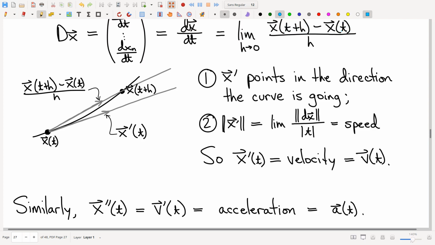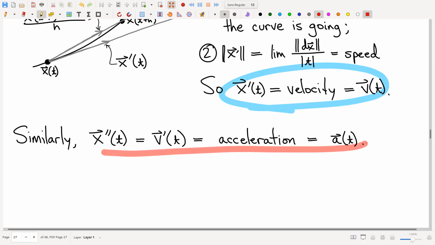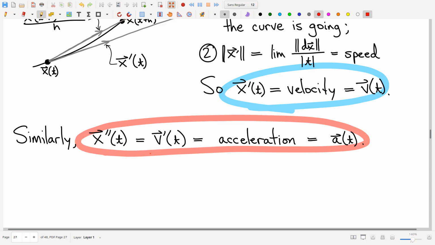All righty. So, by the way, very similar argument you can make in the same sense that velocity is the derivative of position. Likewise, acceleration is the derivative of velocity.